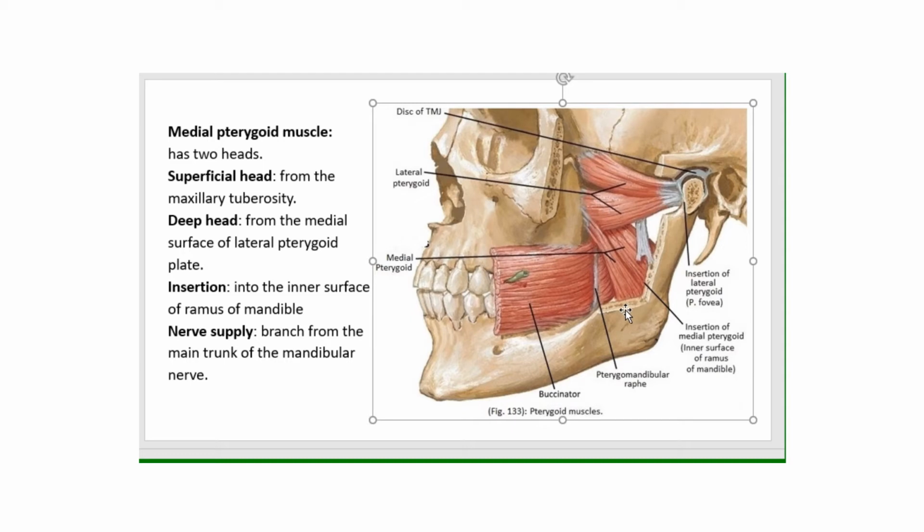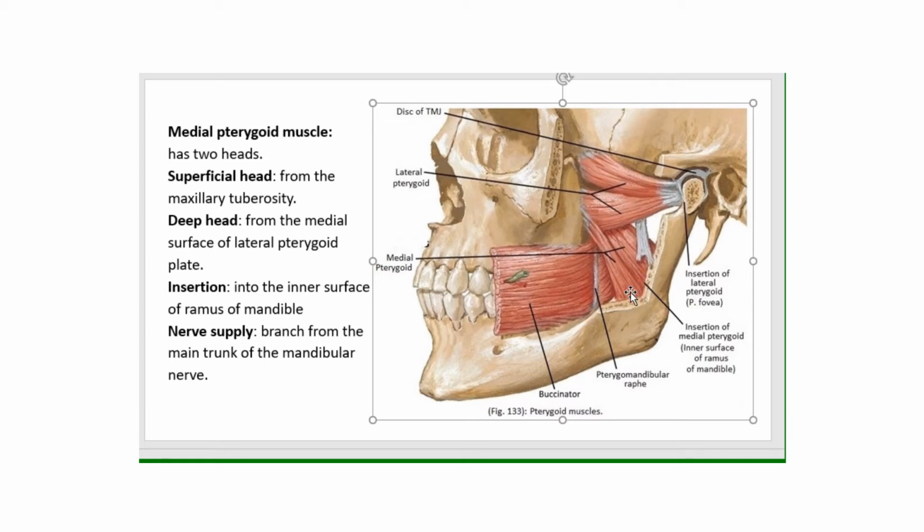At the same time, the part from the medial pterygoid, the superficial head, is more lateral to the lateral pterygoid. This is a misnomer. Lateral and medial pterygoid are misnamed, and they are preferably called upper pterygoid and lower pterygoid.